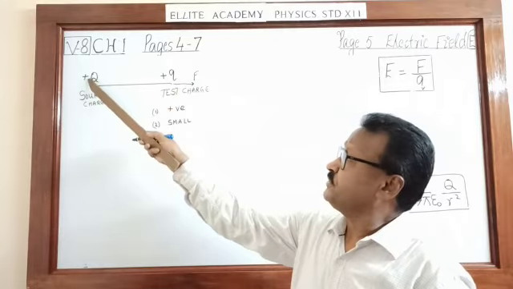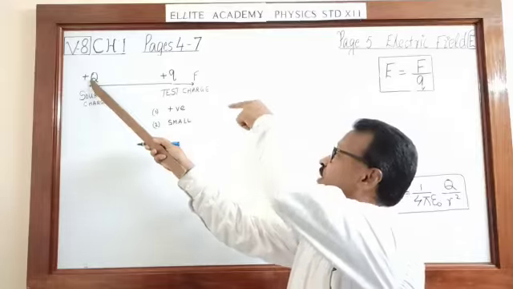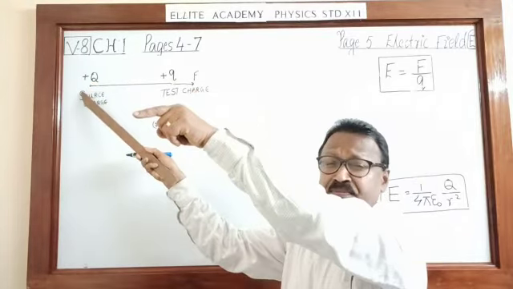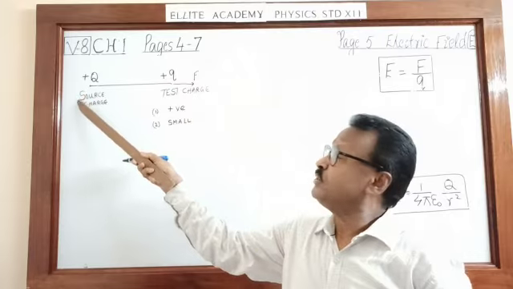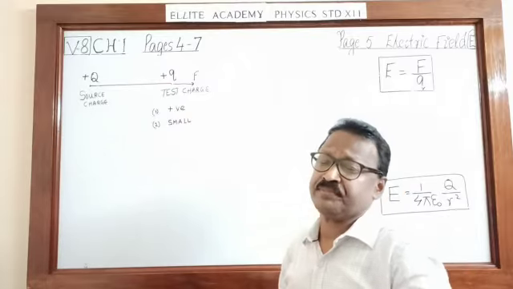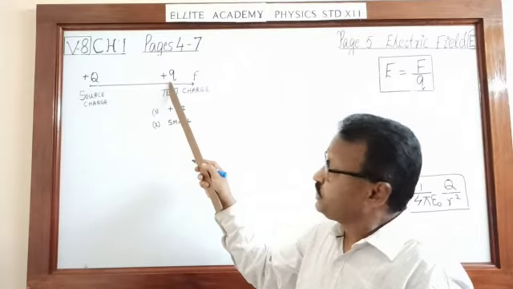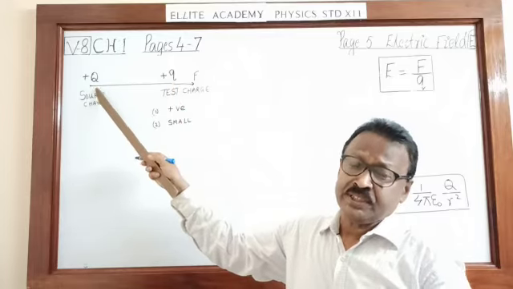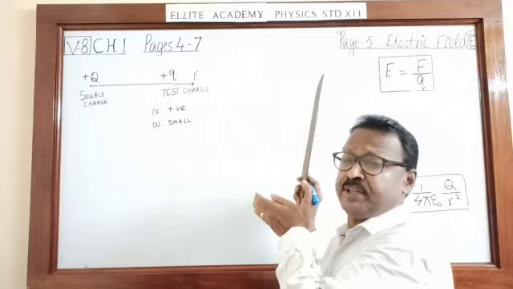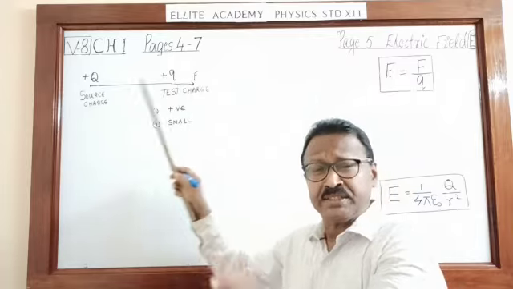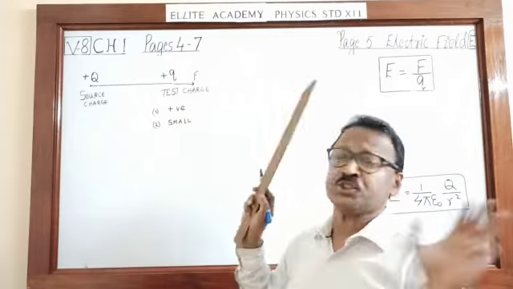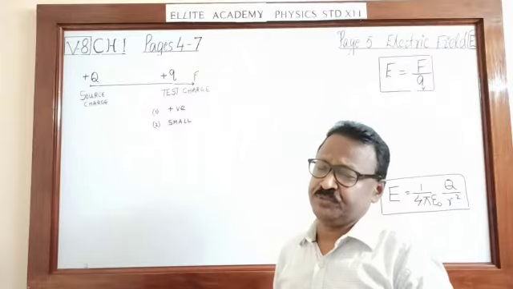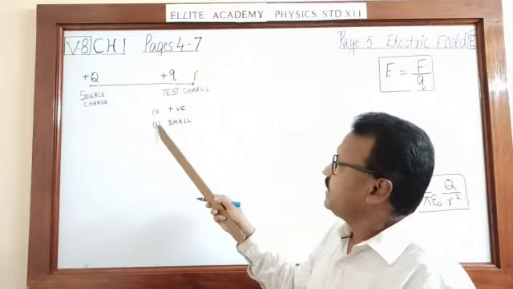If the original charge were negative, it would have been a force of attraction towards that. So since it is positive, I will be able to identify the nature of the source charge. If it is positive, the test charge will be repelled. If it is negative, the test charge will be attracted. So it has to be positive. Always positive. Second point, it must be small.